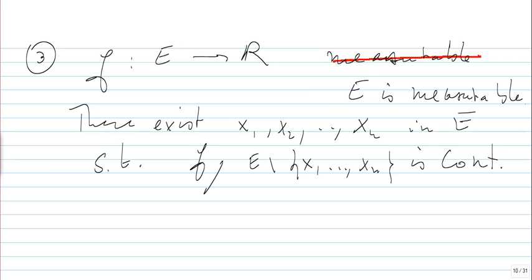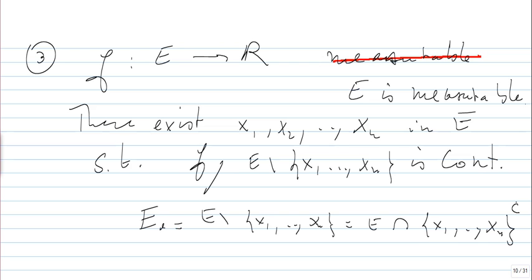So what you do, you look at, for example, the set E0 equals E minus this finite number of points, which is exactly E intersect the complement of {x1, ..., xn}. So this set is measurable. Remember {x1, ..., xn} is finite.